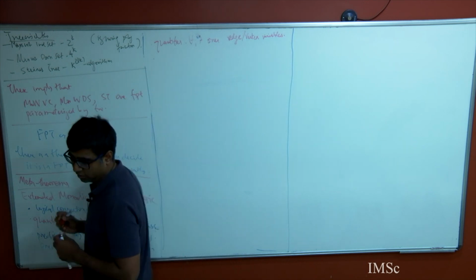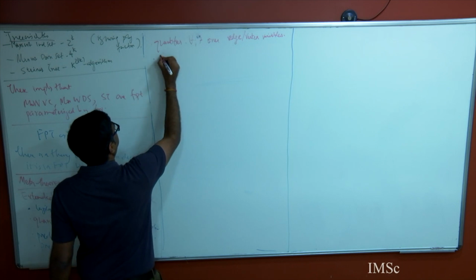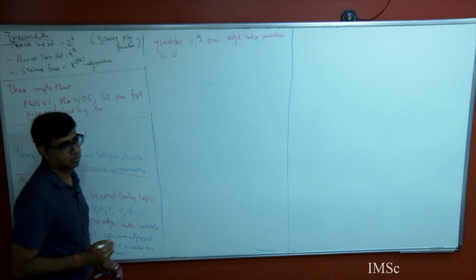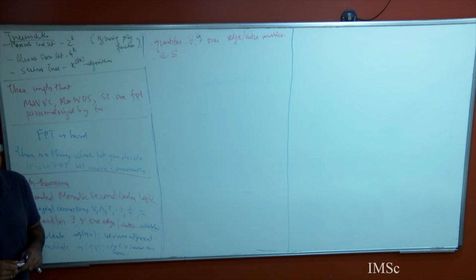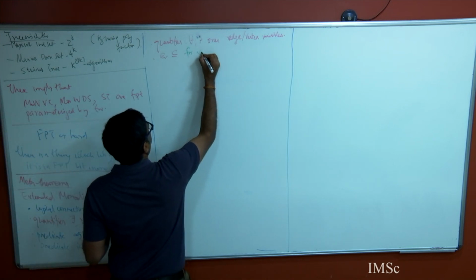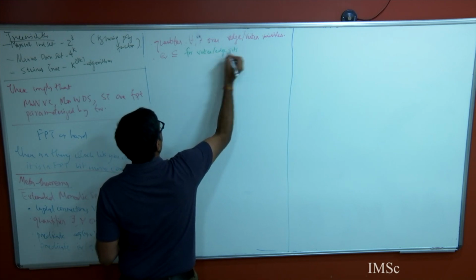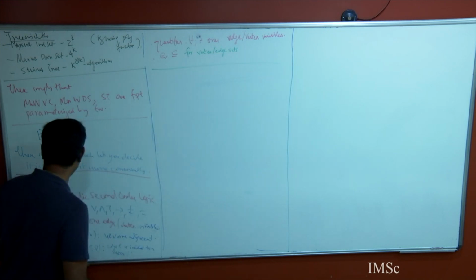And finally you can also have the predicate element, subset, for vertex and edge sets. So this is your language.